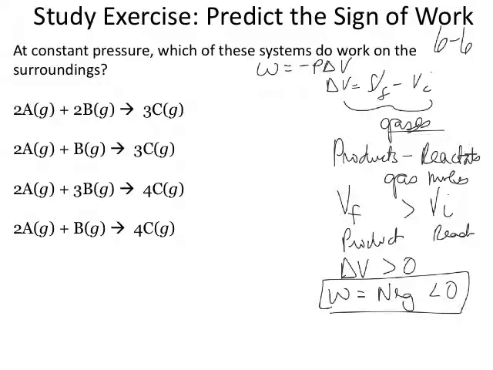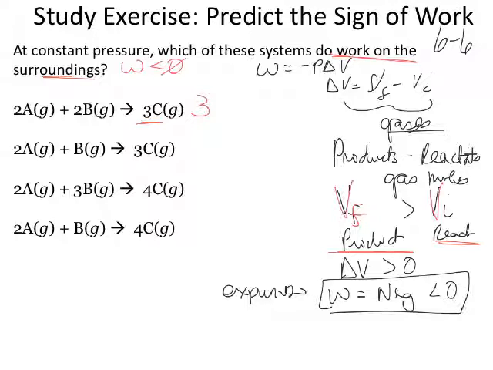And that would be an expansion of volume. So the question is, which of these systems do work on the surroundings? That means you have to have a negative work. That's what you're looking for. And the only way you're going to do that is if your products, your gas molecules, are greater than your reactants.